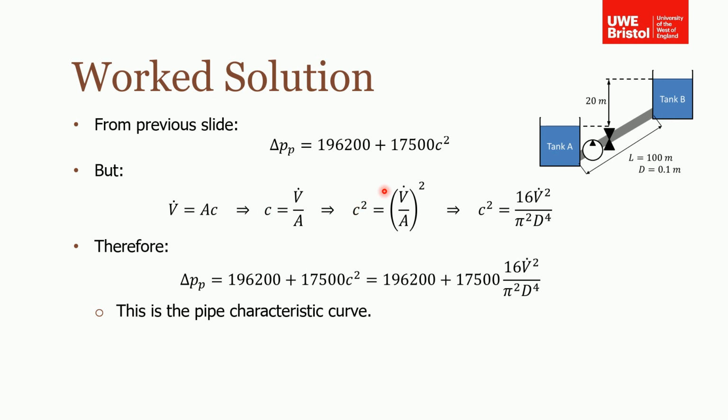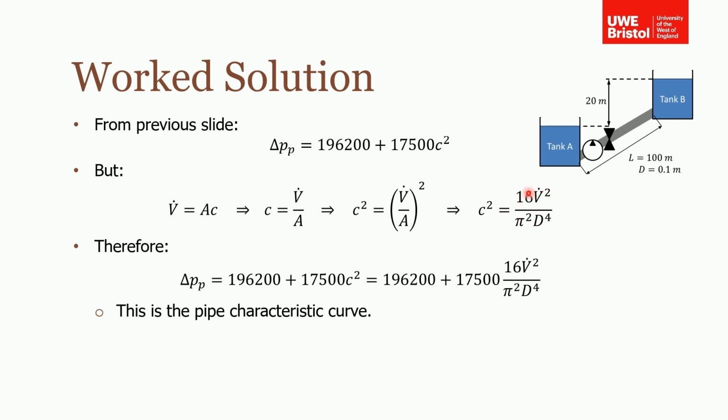So c squared is equal to volumetric flow rate squared divided by the area squared. And we also know that the area is equal to pi d squared over 4. So do it yourself. If you put in the area for pi d squared over 4, then when you rearrange it, you should end up with this, because obviously you're squaring the area.